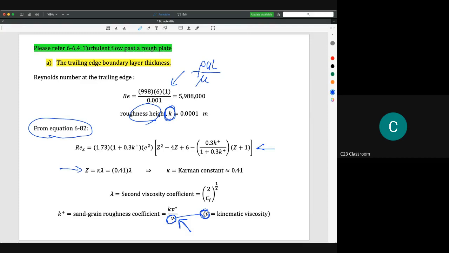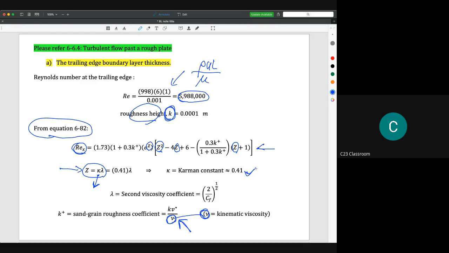What you need to do is substitute the value of 5,900,000 into this term, and then we substitute the value of z here with this term. So we have z here, and this is z, and this is also z. So we substitute with kappa lambda, and the kappa here is the constant for the von Karman, so it is equal to 0.41.